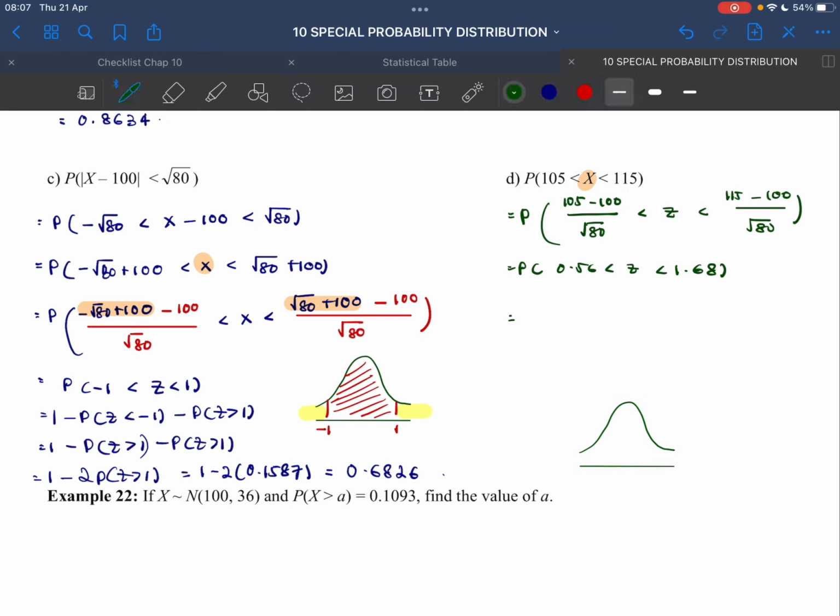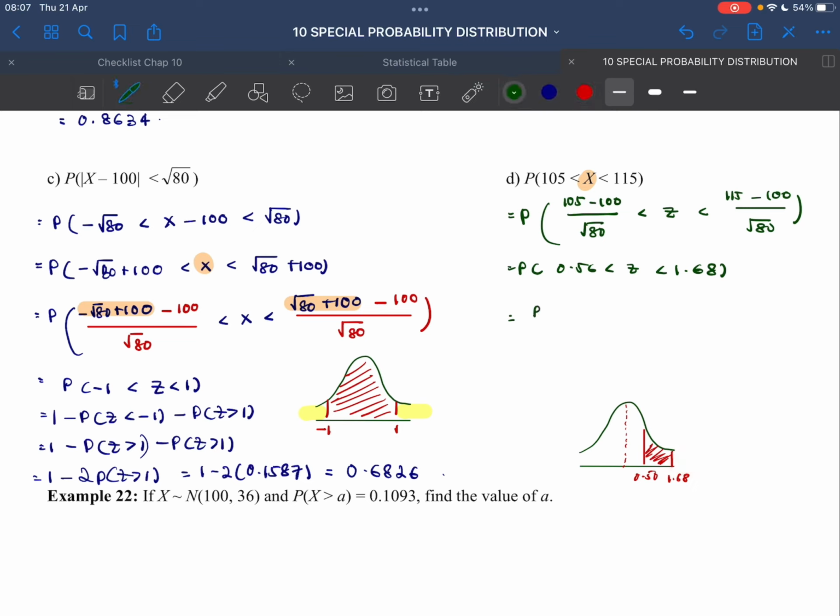Please make sure always draw your bell shape, so that you can see clearly where your probability is. So both are positive, so here we have 0.56, here we have 1.68. So this one we don't need to shift because it is already positive, so we just simply take Z greater than 0.56 minus Z greater than 1.68.